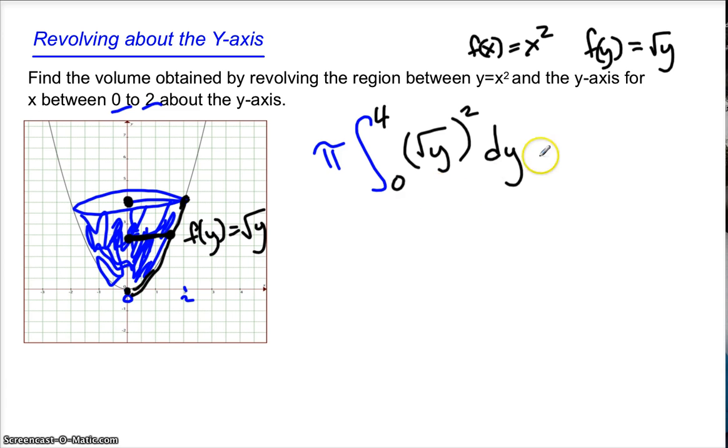Okay, so that's what it would look like revolving around the y-axis. We need to change our function here to a function of y, and we need to change the limits of integration here. These are y values. So I'll work this one out. It's not so bad. It's not that messy here, because when you square the square root of y, you just get y.